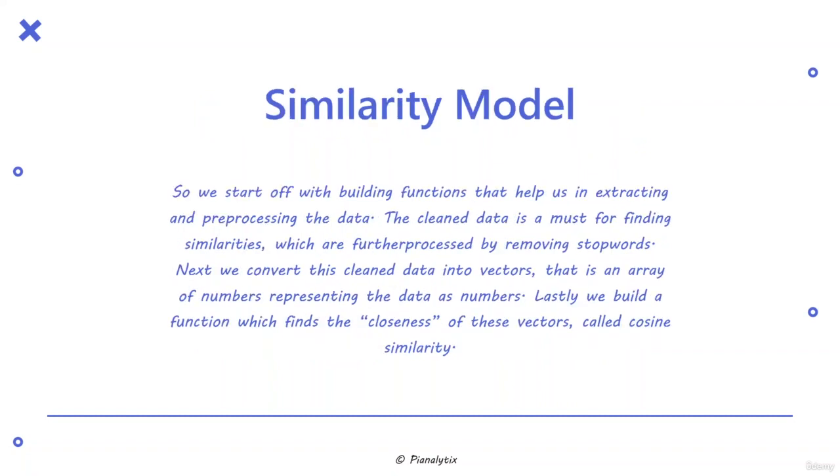So, building the similarity model. We start off with building functions that help us in extracting and pre-processing the data. Now, clean data is a must for finding similarities, right? Which is also further processed by removing stop words.